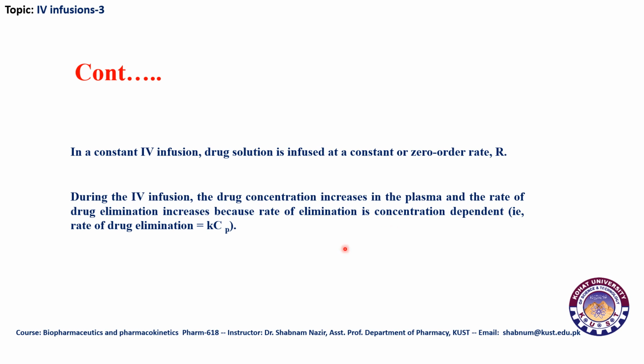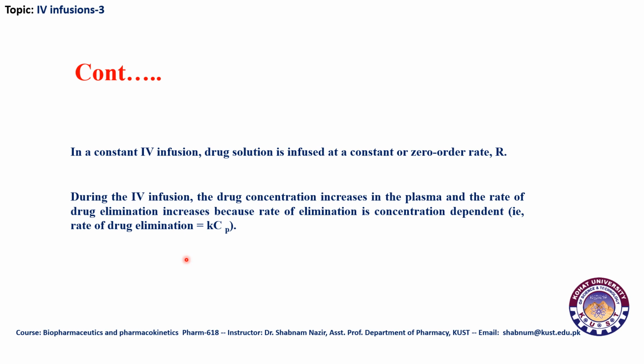That is, the rate of drug elimination is K times Cp, where K is the first order rate constant. This shows that the rate of drug elimination is directly proportional to the concentration of the drug, which I mentioned time and again.